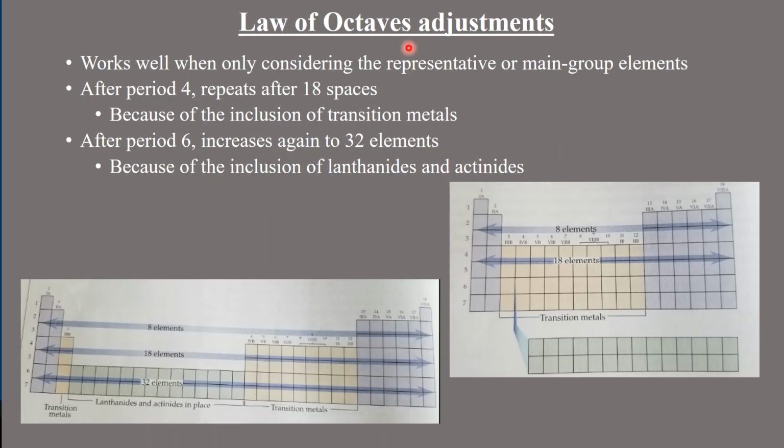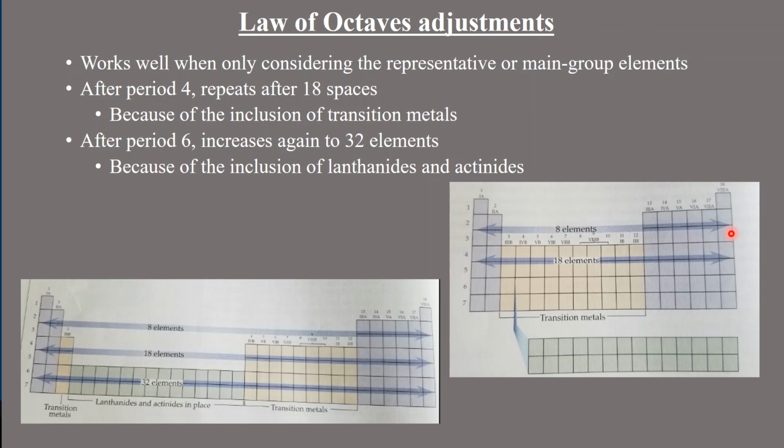Let's look at some adjustments in the law of octaves or Mendeleev's law. The law of octaves applies satisfactorily when we are dealing with representative or main group elements. The chemical properties of these elements repeat after every 8 elements, and this part of the periodic table contains 8 columns, so it works well in this area.